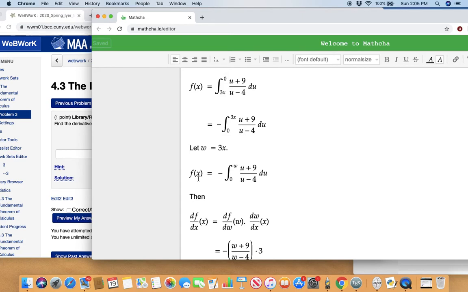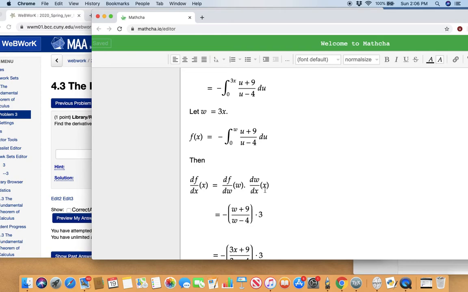So notice this is with respect to x. If I take the derivative with respect to x, I go via a chain. First I take the derivative with respect to w, write my function as a function of w, times the derivative of w with respect to x. Well, this part is easy. w is 3x, so the derivative is 3. Whereas for this, I use the fundamental theorem of calculus because I have a pure number on the bottom and my chosen variable on the top.